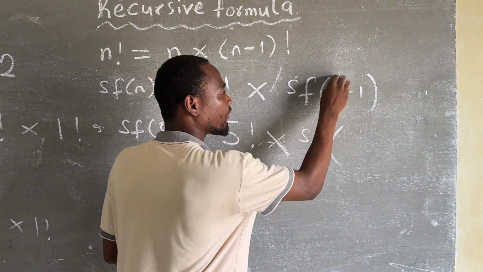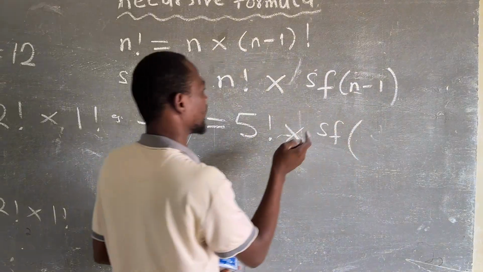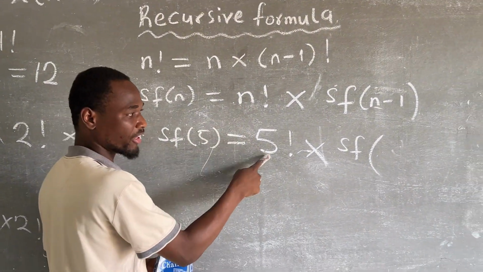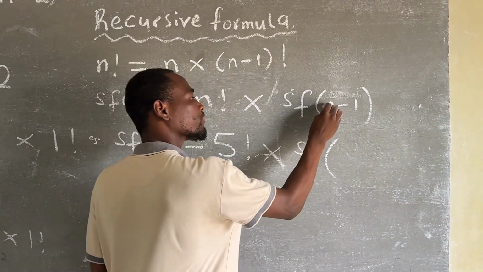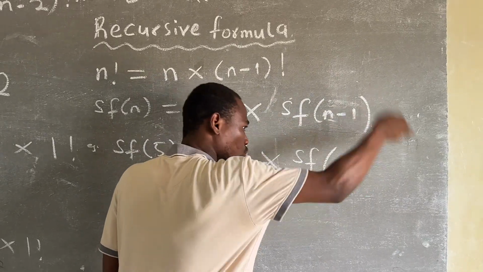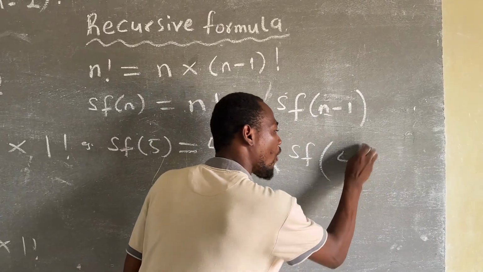Look, this is 5, then minus 1, so we're having 4 over here. Is that not so? Because the number here is n, which is 5. So n minus 1 is 5 minus 1, which is my 4.